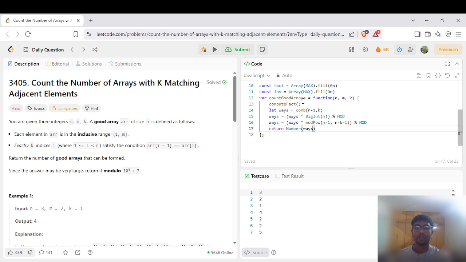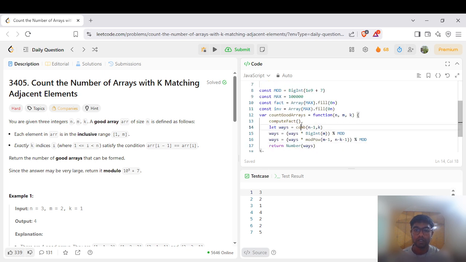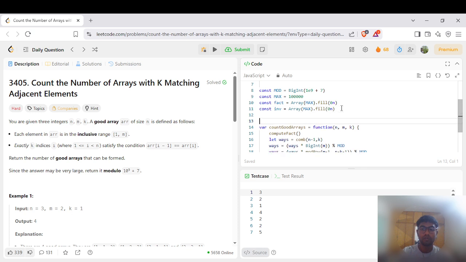So let us write these two functions. The first one will be compute fact, where we send in two values n and r, and we need to calculate the combinatorics.